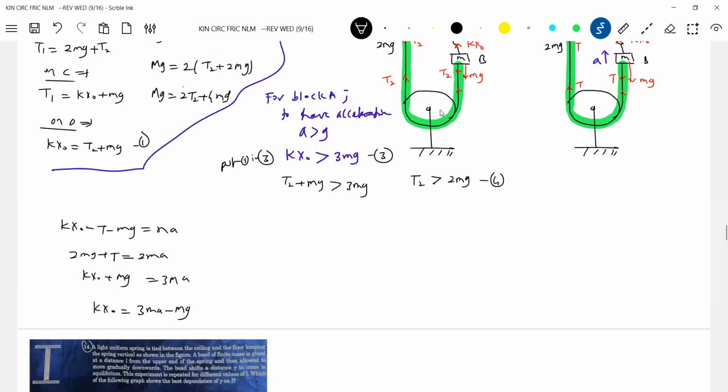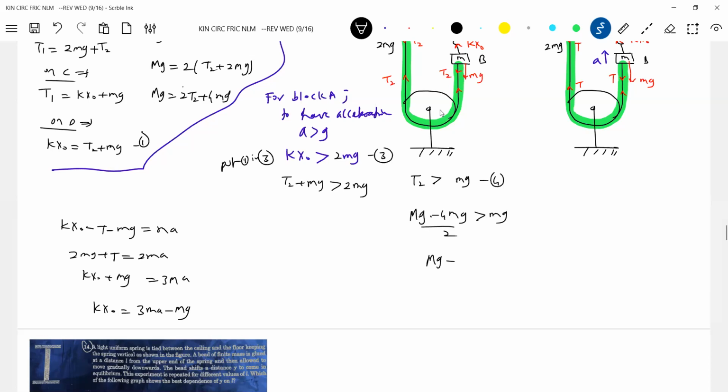Okay, I'll put it as 2 mg. Then we'll get only mg. Okay, the value of T2, what can we write? Capital Mg, capital M greater than 6. I'll write it: this will be capital M minus 4 mg by 2 greater than mg.